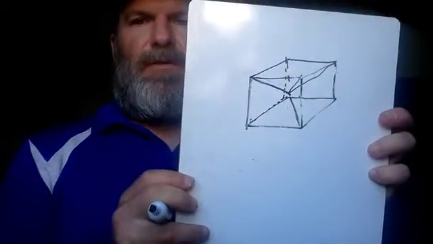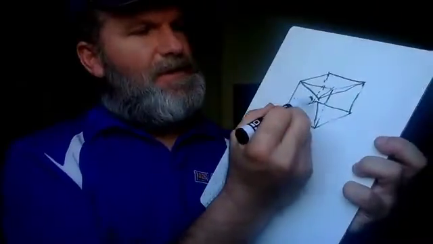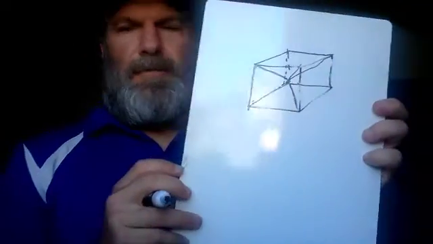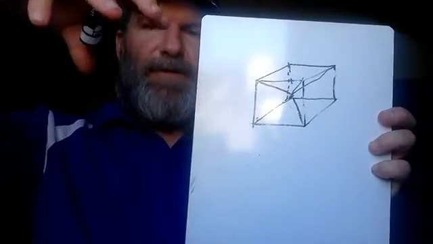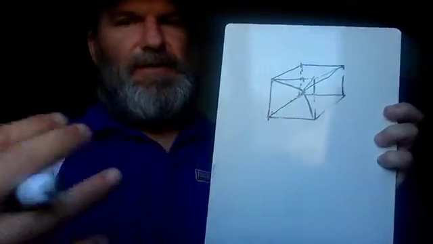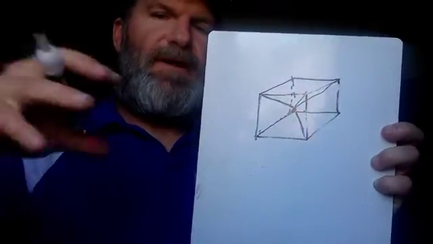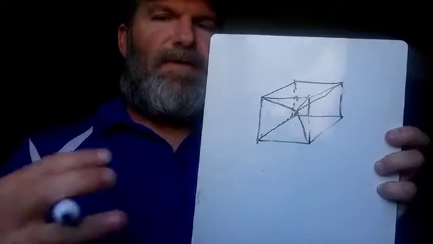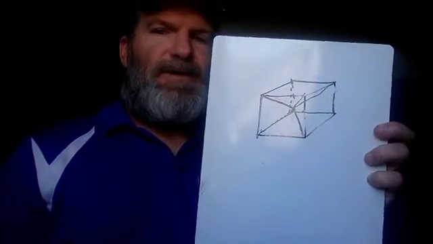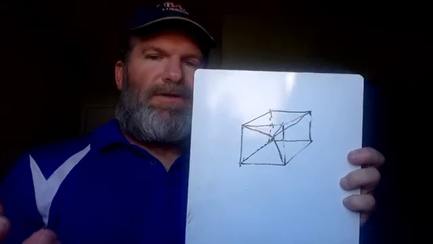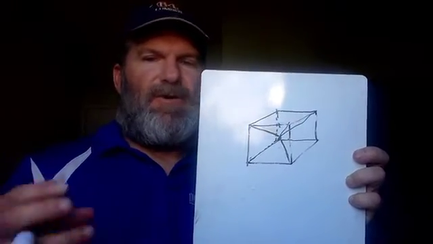I'm going to draw another one from the top. So there's another pyramid from the top, and if they touch right in the middle, that would fill up the top, the bottom, and then you could have a pyramid that same size coming in from each side, the front and the back. That'd be one for each side of the cube, and it would fill up that cube perfectly. So basically, those pyramids are 1/6 the volume of that cube, because you could fit 6 of them in that cube.